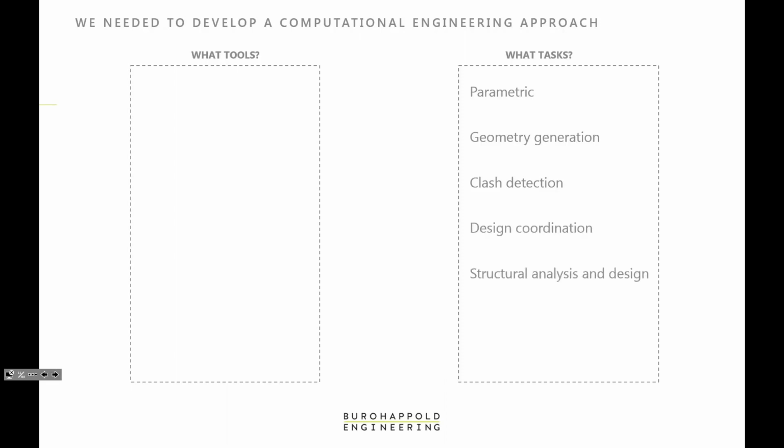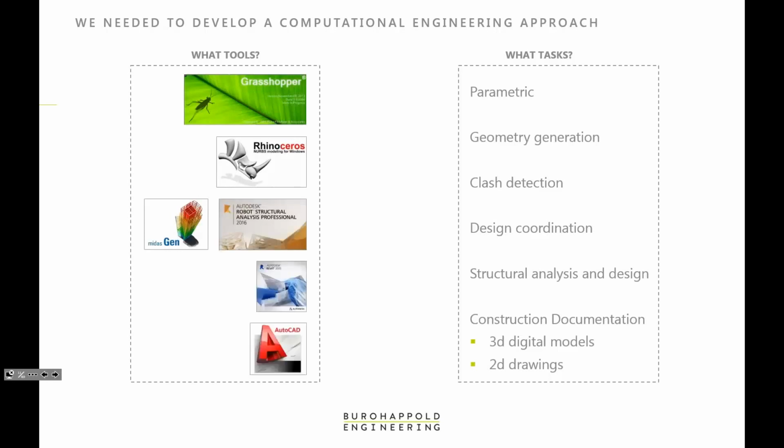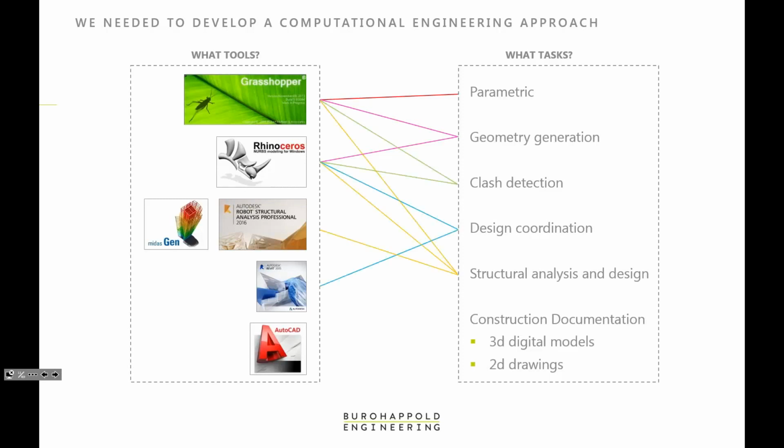There's the structural analysis and design, making a building like this stand up, very hard. We've got to document it, and we're going to use 3D models, we believed, and we're going to use 2D drawings. So some of these software packages you may be very familiar with. These are the ones that we selected right from the start, and this is which bits of software we were going to use to do which task.